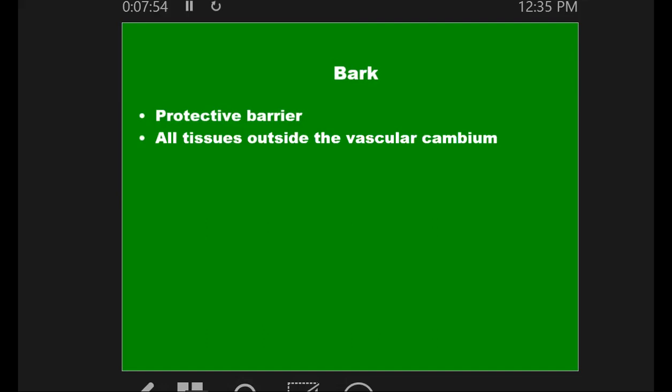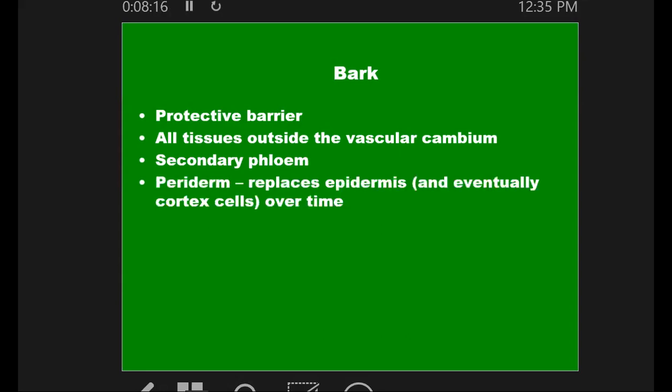And by definition, bark is all the tissue outside the vascular cambium, including the phloem. And so everything outside of the vascular cambium. So we often refer to that phloem as secondary phloem, just like we talk about the xylem as secondary xylem. Okay, it's being formed by the vascular cambium. So technically, yes, it's secondary phloem.